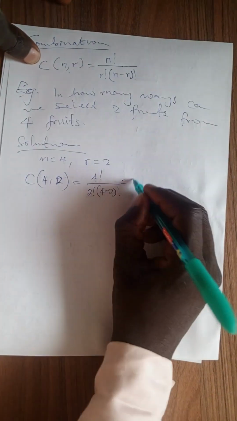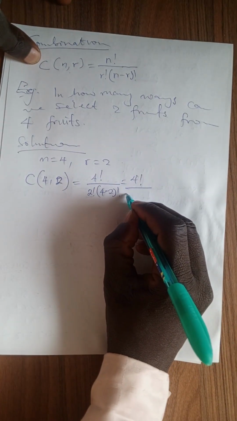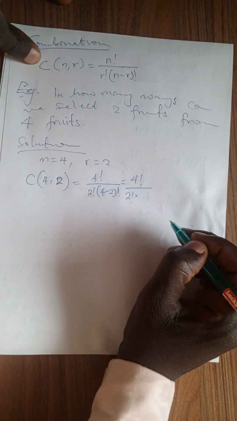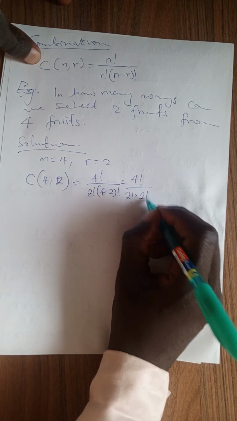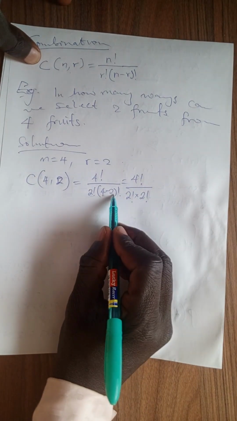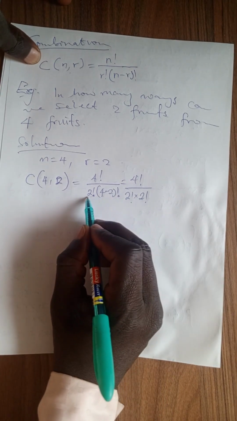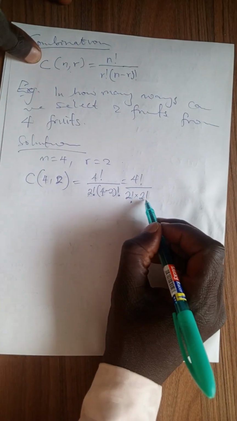And this is equal to 4 factorial over 2 factorial times 2 factorial, because 4 minus 2 gives you 2, with a factorial sign, and we have the original 2 sitting here, so there's a factorial.